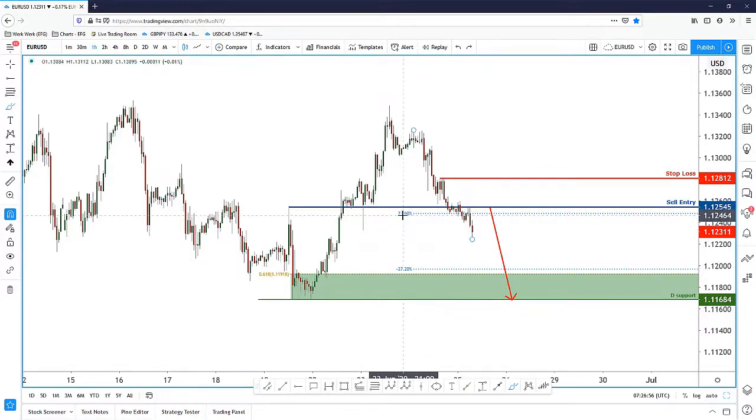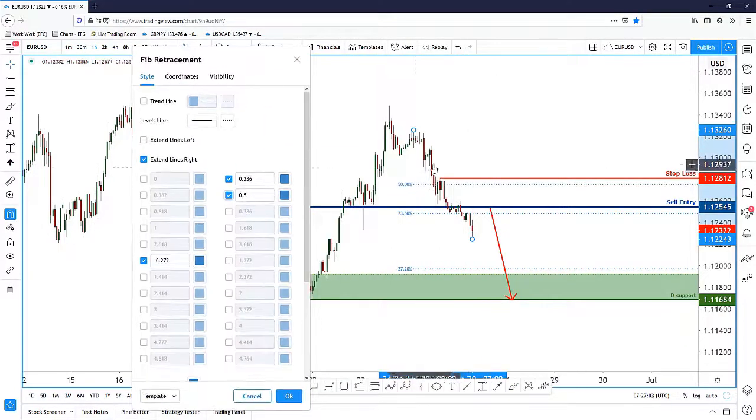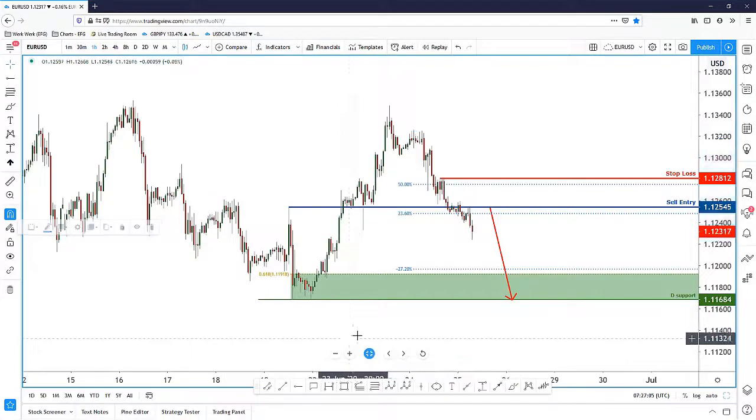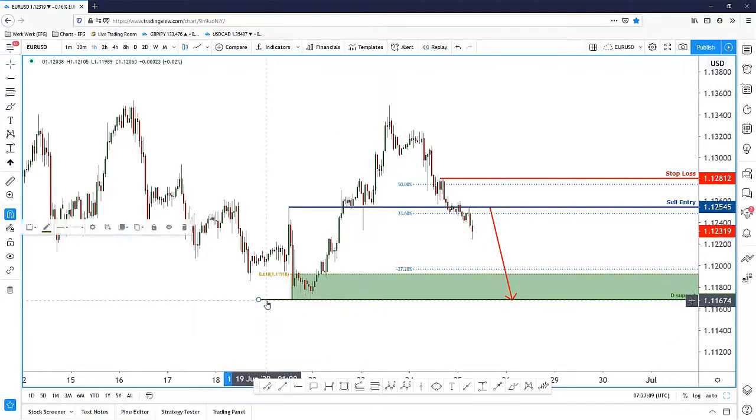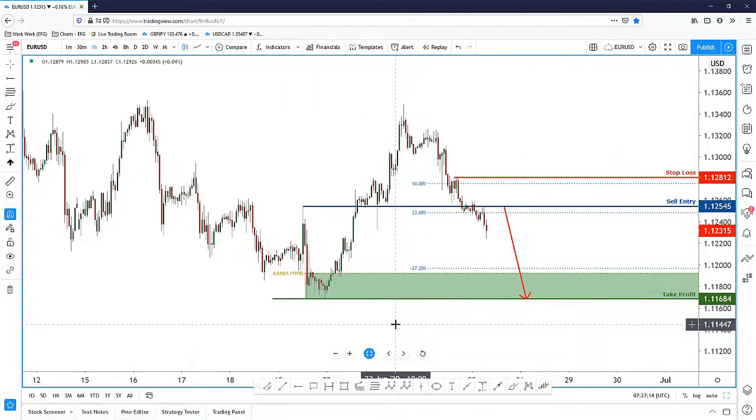Now, let's see whether any Fibonacci ratio falls in line with the stop loss. I'm thinking of 50%. The 50% is quite close, so I can leave the 50% over there as well. So this is really the trade of the day that we have. Let me just change this daily support to take profit. So this is the trade of the day we have.